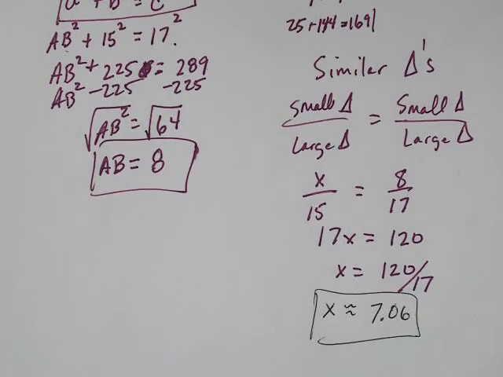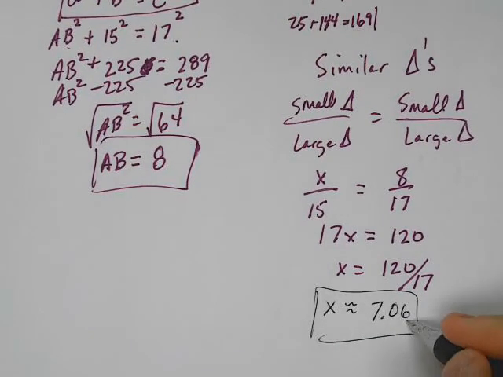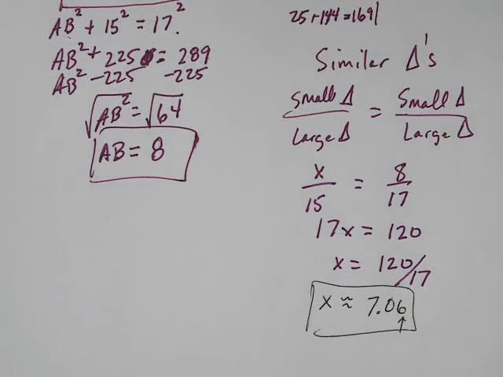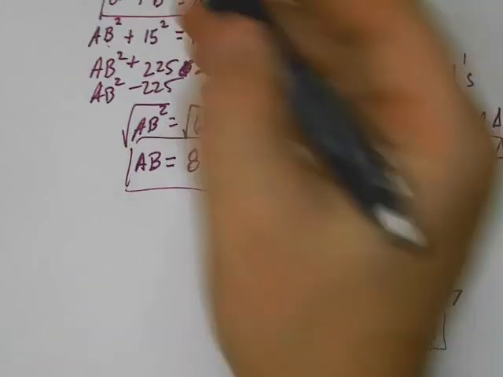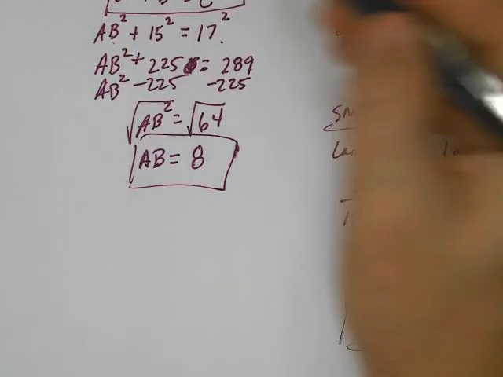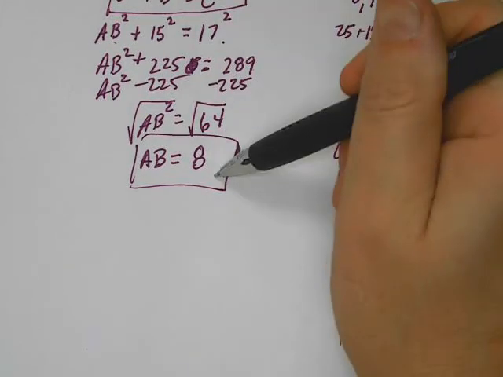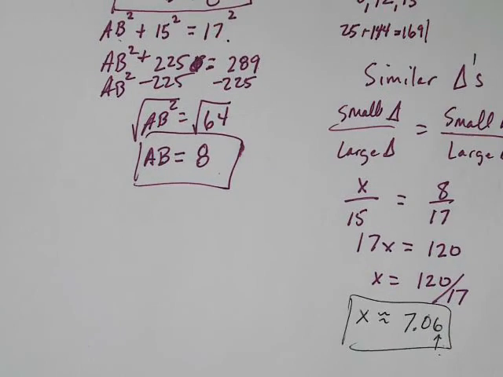So when we do not have a perfect square and we have a decimal, we're probably going to ask you for it to the nearest hundredth. Hi, Corbin. Okay? Similar triangles. Questions? Good? All right, now that's solved for x using the Pythagorean theorem and then similar triangles.